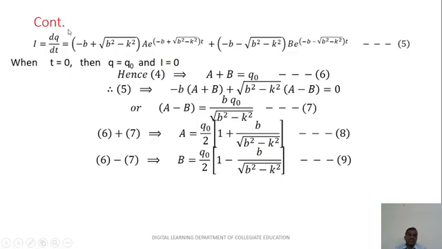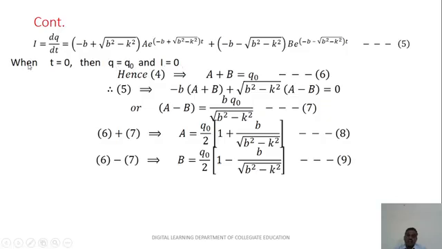And we have already chosen the definition I is equal to dq by dt. So if you differentiate the previous equation, you will get this equation. Then take t is equal to 0, that means in the beginning, q is equal to q naught and I is equal to 0.